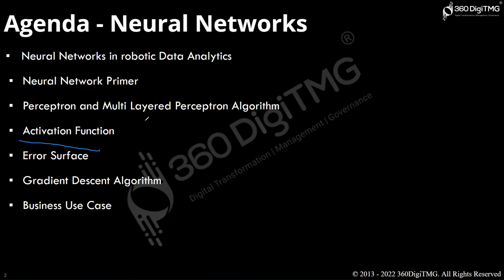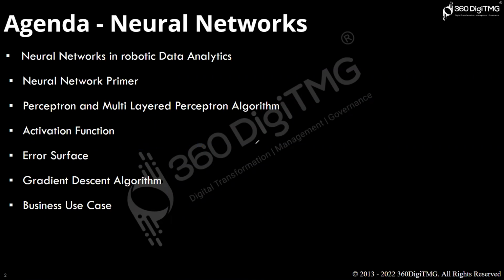That means it will decide which neurons get activated and which neurons do not. So this activation function basically works as on and off, deciding which neurons get activated and which do not.